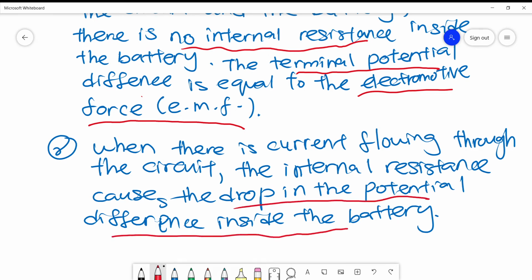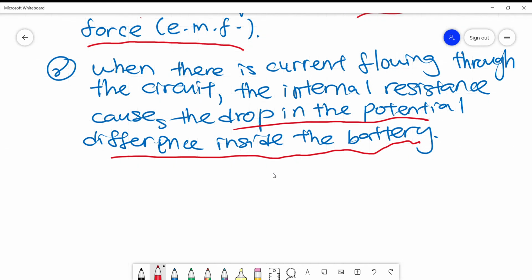So this actually means that our terminal potential difference is less than the electromotive force when there is current flowing through the circuits.